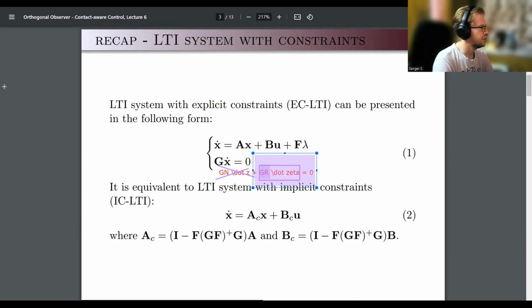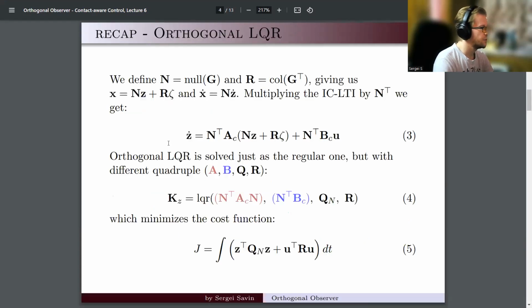There is a much simpler way to think about it, and that is to say, well, this equation here tells me that x dot lies entirely in the null space of G. Since it lies entirely in the null space of G, what it means is that the component of x dot that lies in the row space of G is equal to 0.